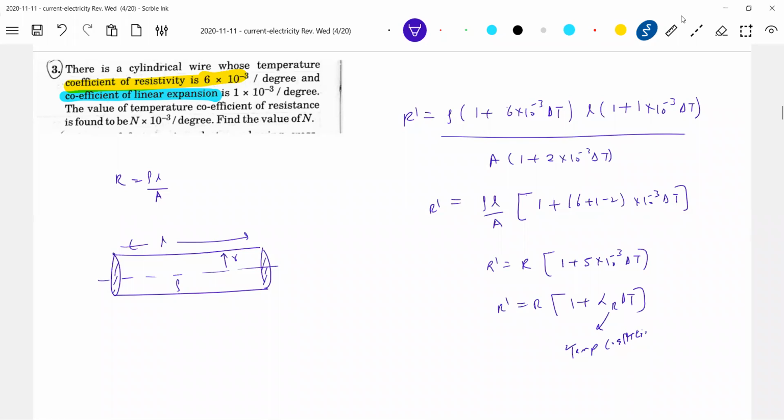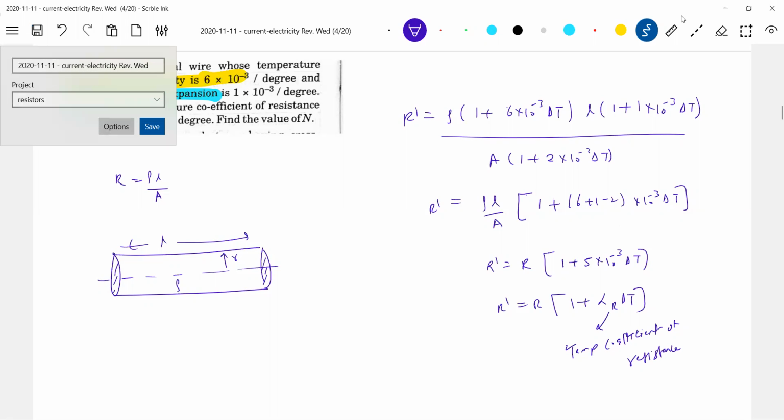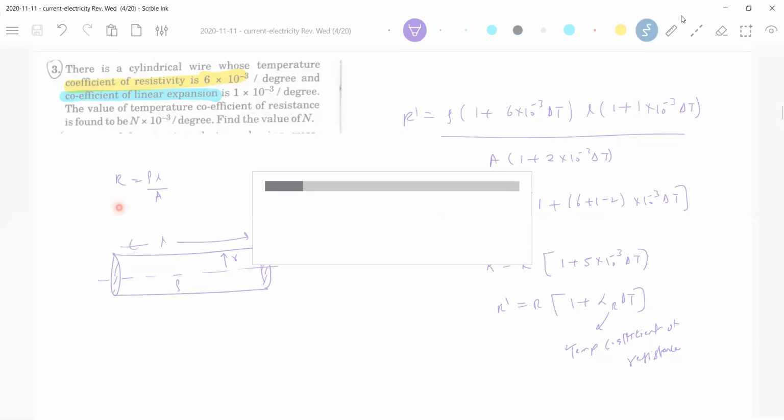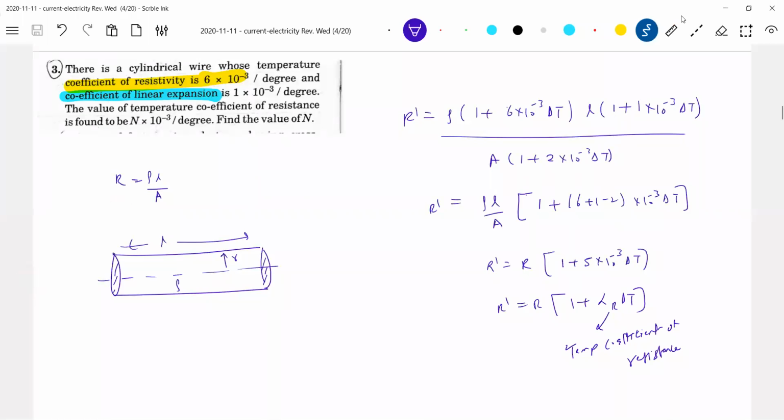Very important, please do remember. That is very, very important. Answer will be 5.